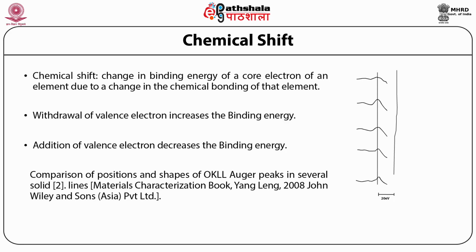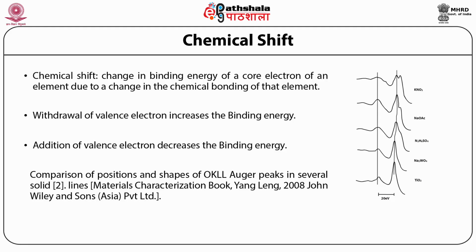Chemical shifts. Chemical shifts also occur in AES spectra, and the chemical shifts can be significantly larger than the shifts in XPS. For example, the shift between the aluminum oxide and aluminum metal peak of Al KL2L3 is greater than 5 electron volt, while the corresponding shift of the Al 2p binding energy is only about 1 electron volt.